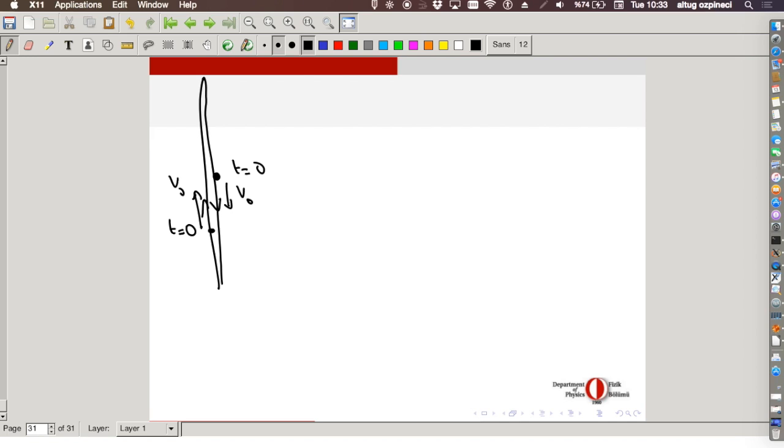Now, in the other case, if this is the t equal to 0 that we choose, and if the history of the particle is that it was first thrown upwards, reached the maximum height and then came down, the time it reaches the maximum height will be negative.